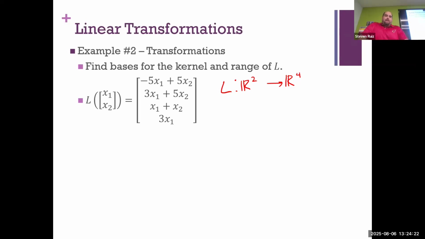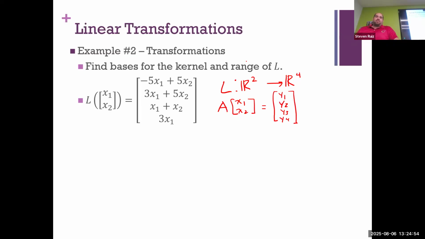So L is linear, which means I should be able to represent L as a matrix. What is the order of that matrix? Knowing that I can multiply A by x1, x2 to get this thing that I'll abbreviate y1, y2, y3, y4, it needs to be 4 by 2.